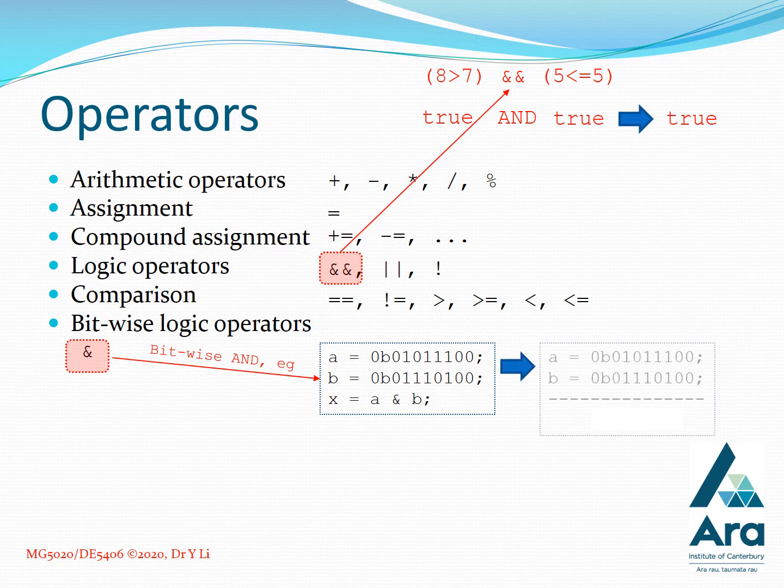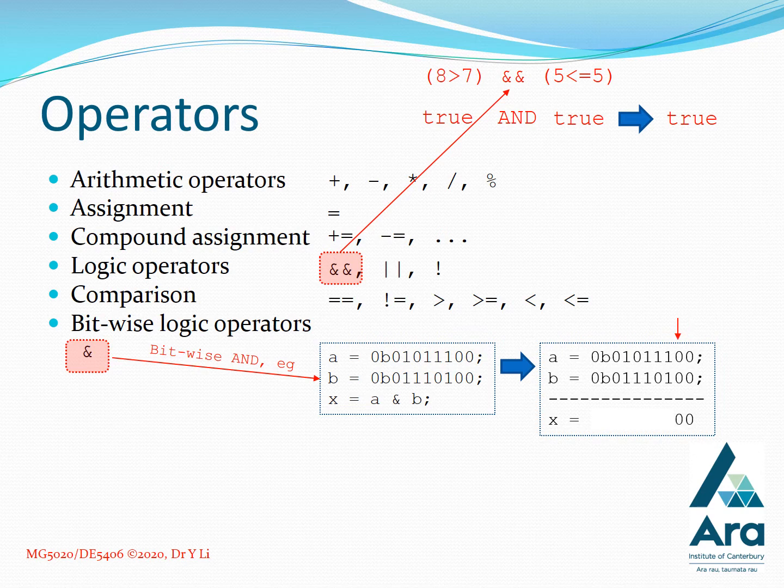Let's look at how the CPU will do that bitwise AND. So here is the value of a, the value of b, and then the CPU will AND those values bit by bit. For example, the LSB, 0 AND 0 equals 0.